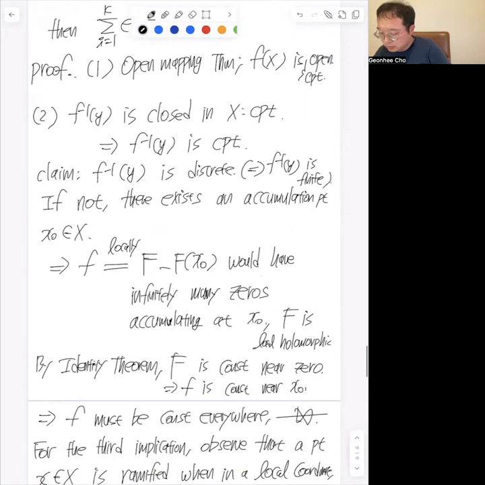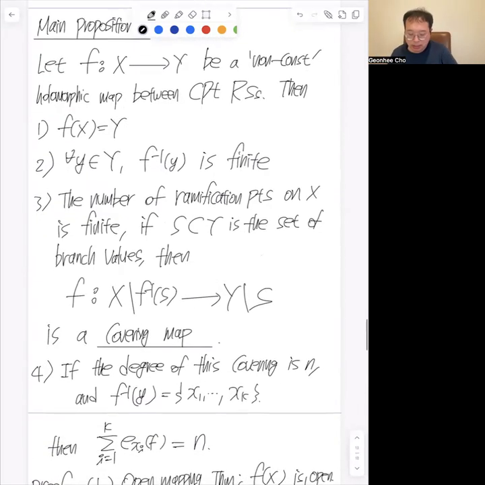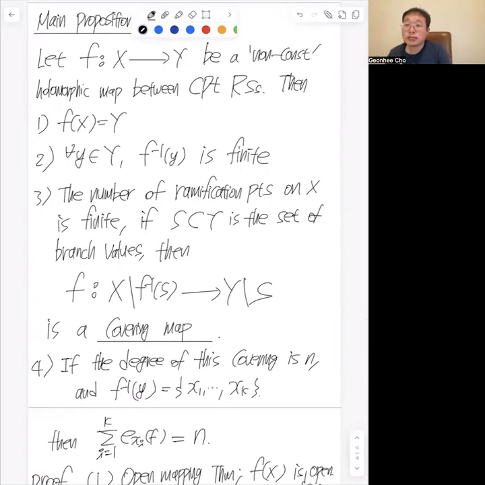So even locally, zeros and poles may look unrelated, but globally, compactness forces a perfect balance. That's the meaning of this statement.